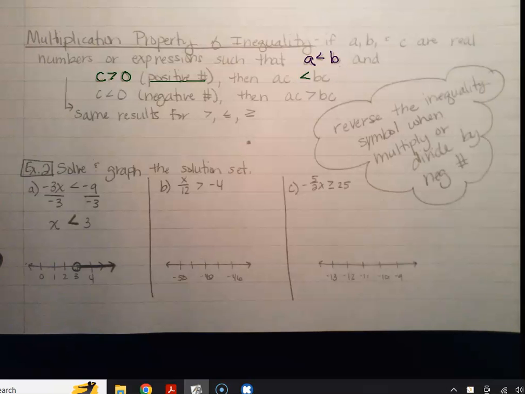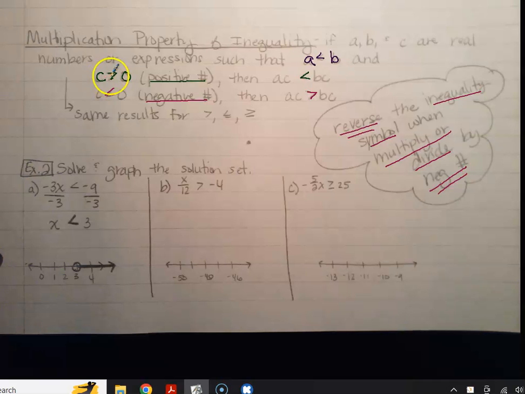However, if c is less than 0, a negative number, then ac is greater than bc. We get the same results for any symbol we use. What this is saying is that we have to reverse the inequality symbol when we multiply or divide by a negative number. We flip that sign to make the statement true. Otherwise, the statement is false.